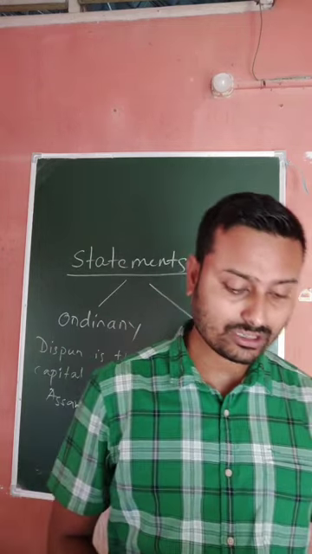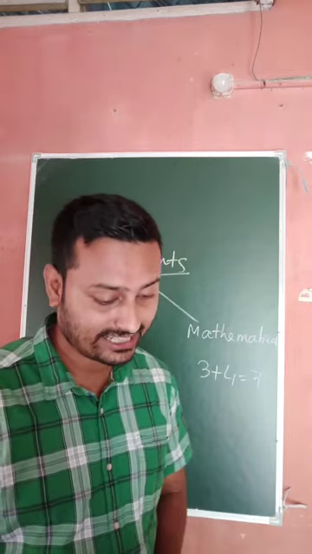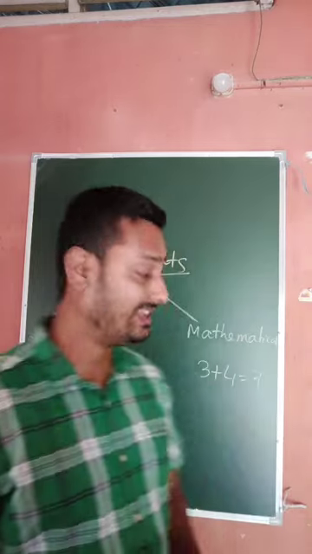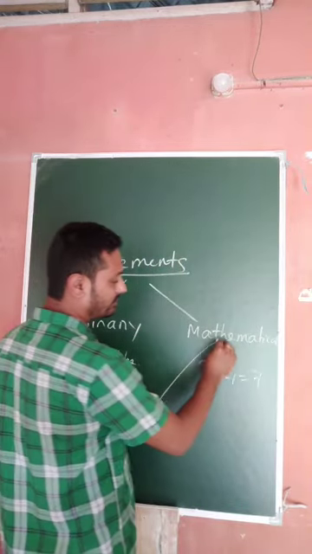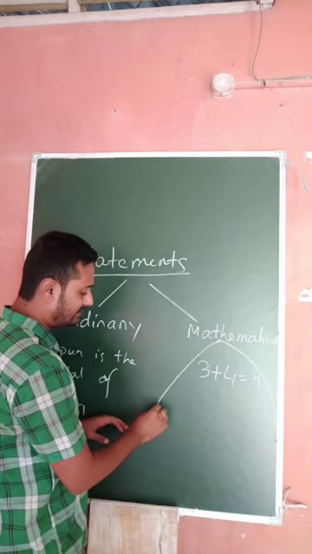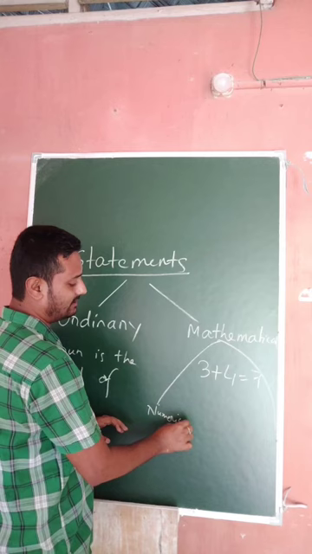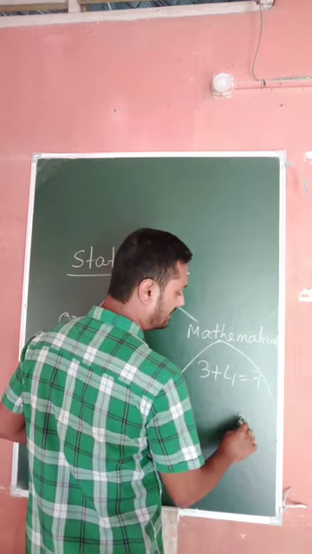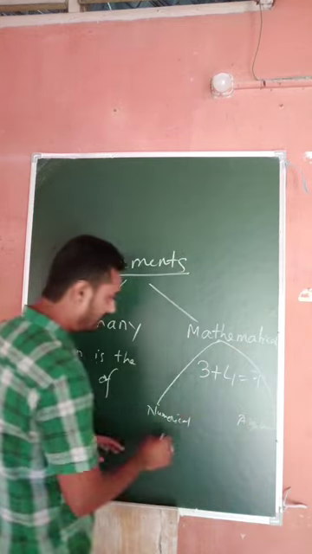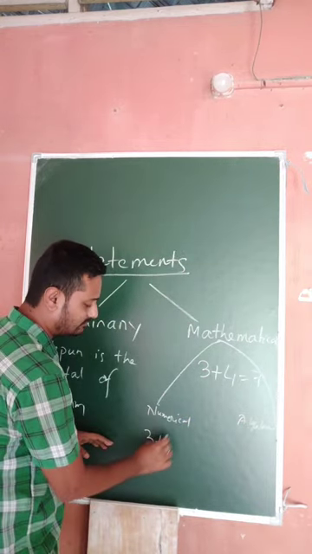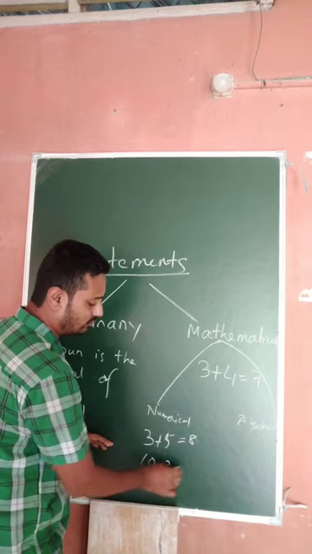Okay, so the mathematical statement can further be classified as numerical statement and algebraic statement. Again, this one is classified in 2 categories. One is numerical statement and this one is algebraic. Numerical means like this one, 3 plus 5 equal to 8, suppose 10 minus 2 equal to 8.